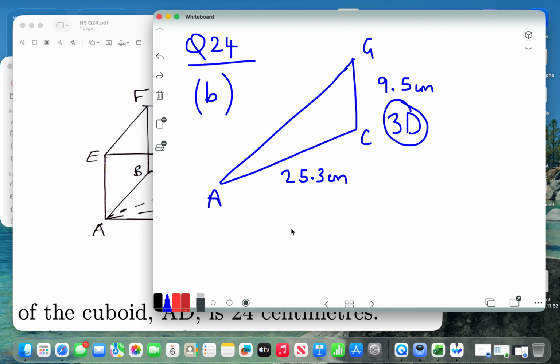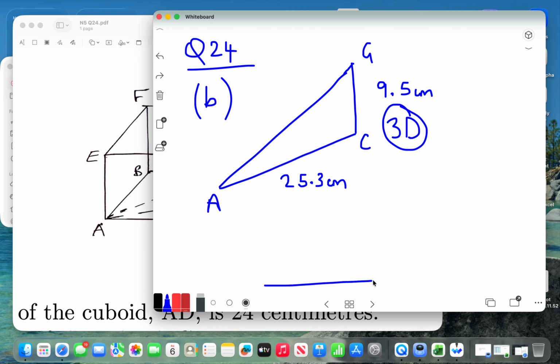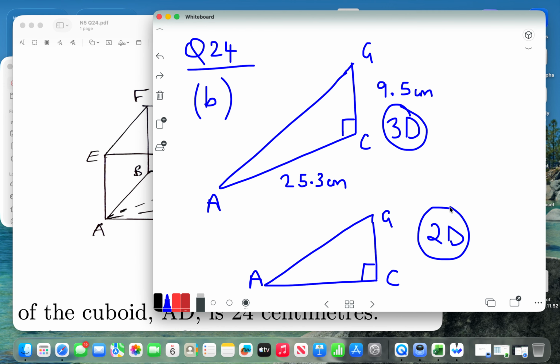But if I draw this in 2 dimensions, you get AC, you get CG, and you get AG. So that is right angled. I know that's going to be confusing, but it depends if you're showing a 2D or a 3D version of it.